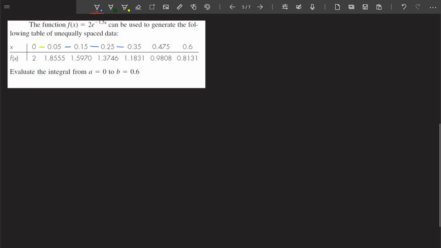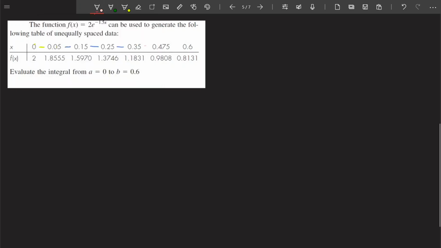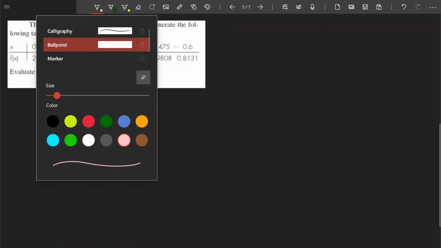But when you come to this point, you'll realize that the difference is 0.125. So let me use a different color pen there. Here it is different. So this is a separate segment, this is a different segment.